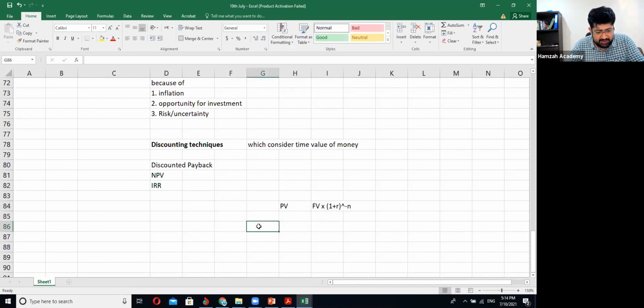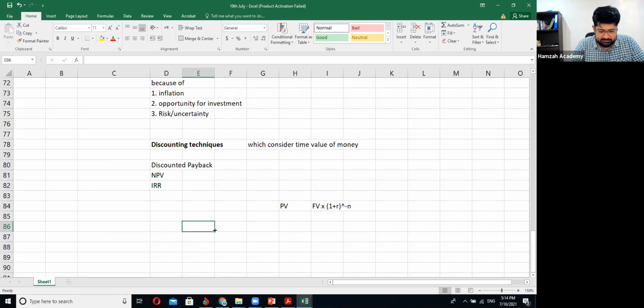But the point over here is, now how to calculate in the Excel sheet. We need not go and visit the page and copy paste the discount factor. No, this is not required. Very easy thing. What is that?